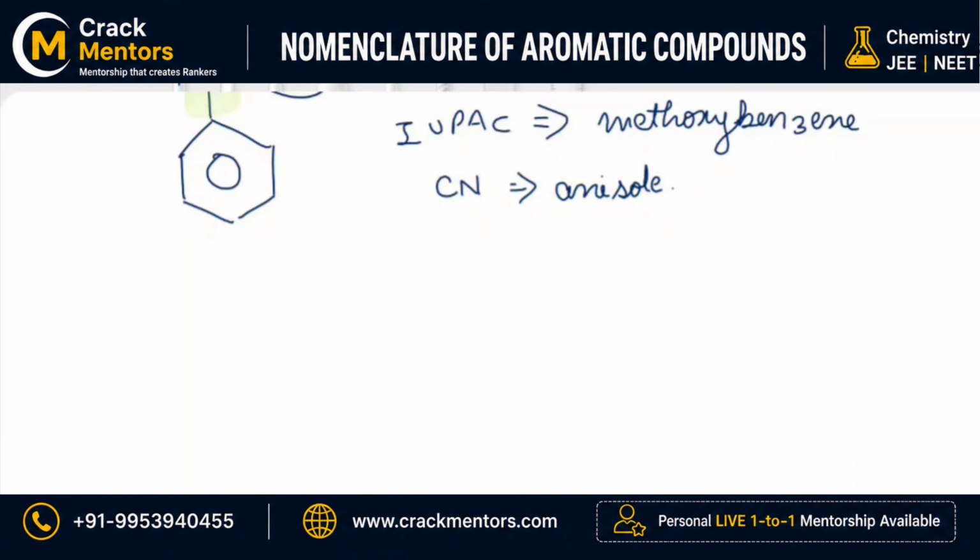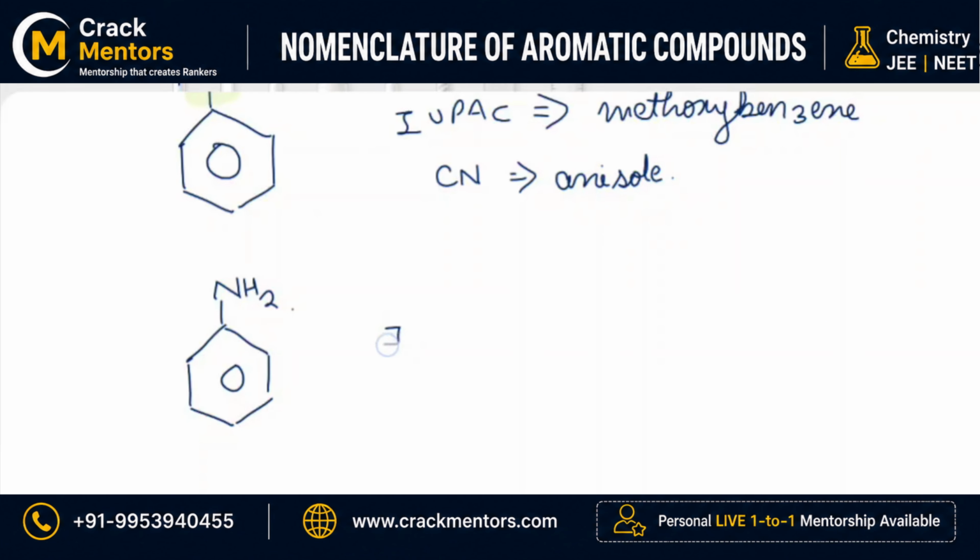Okay, the next example is, so first of all, tell me the IUPAC name. So here the IUPAC name will be what? You know that this is amino group. So it will be aminobenzene.